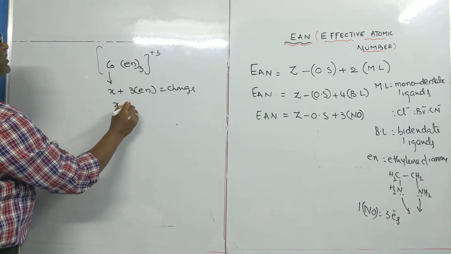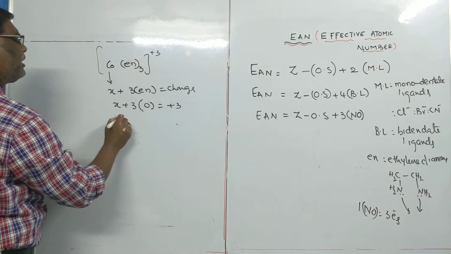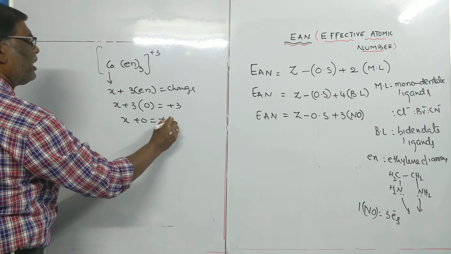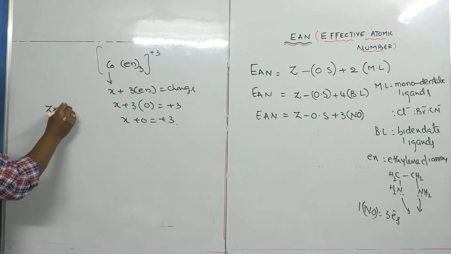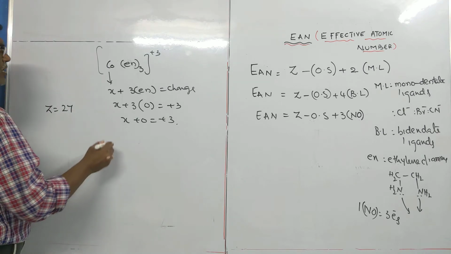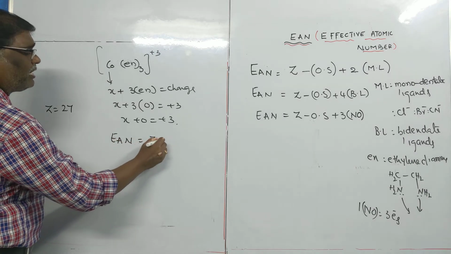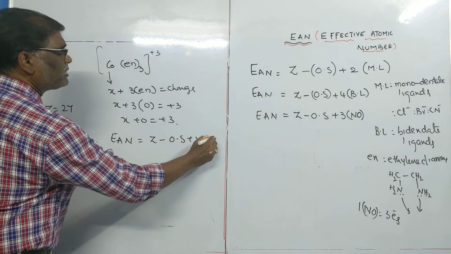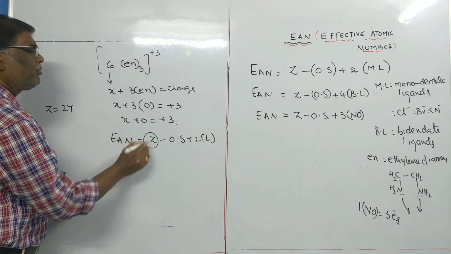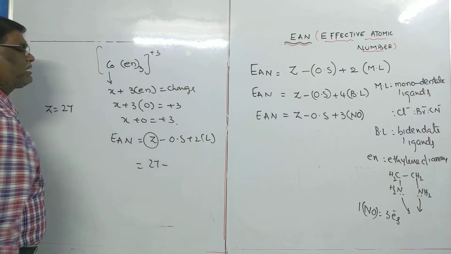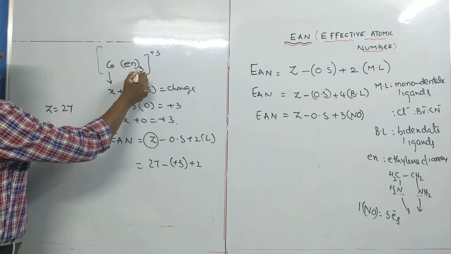This is a neutral ligand. That's why the oxidation state is plus 3. Now cobalt atomic number is 27. So what is the formula for EAN? The formula for EAN is Z minus oxidation state plus 2 into ligands. What is the atomic number of cobalt? 27 minus oxidation state 3 plus 2 into how many ligands are there?